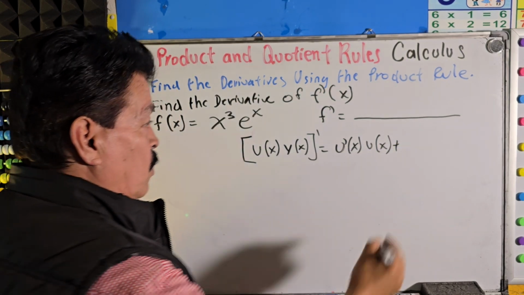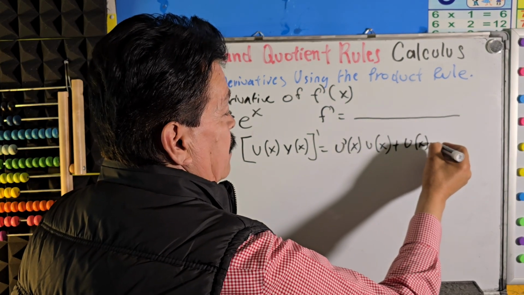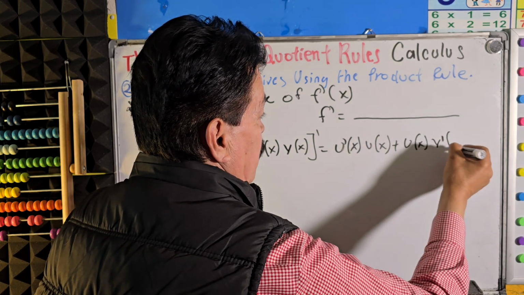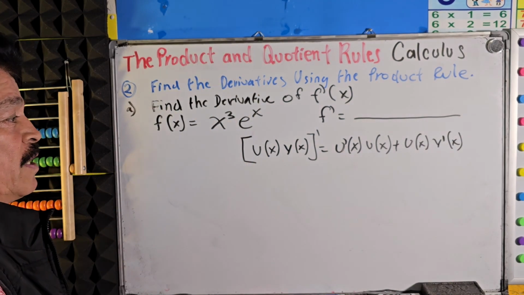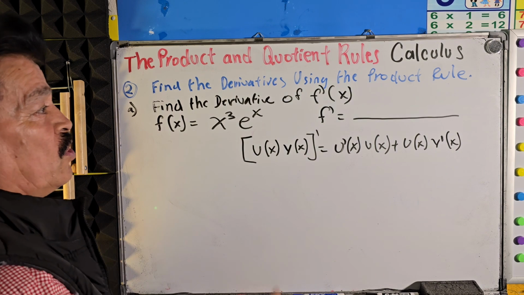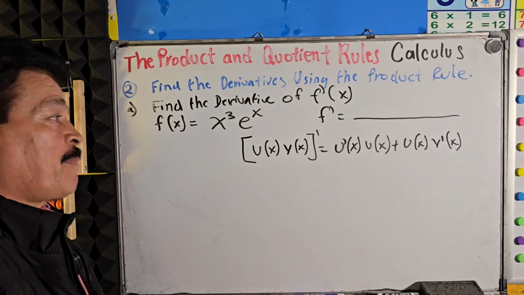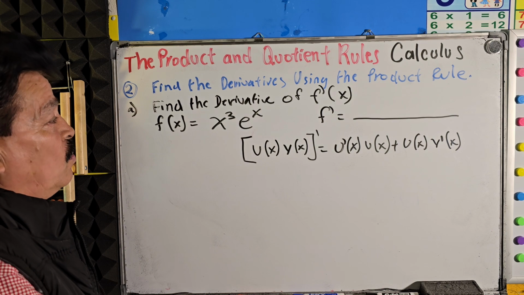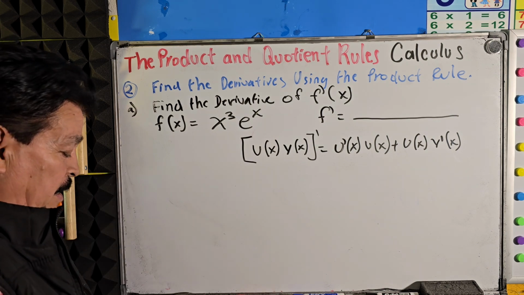This is the product rule that we have to understand to find the derivatives in this problem.